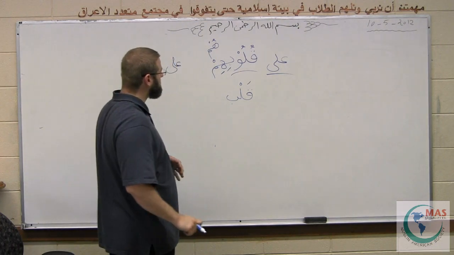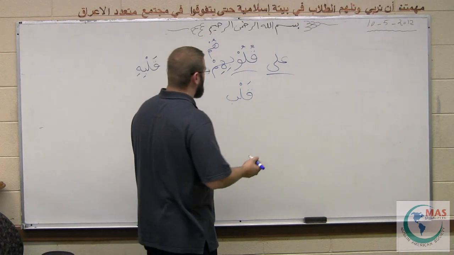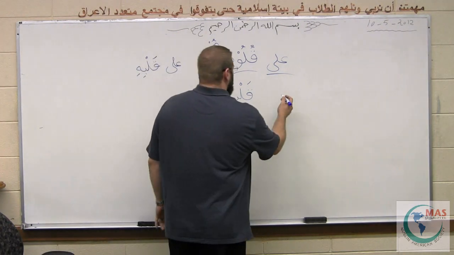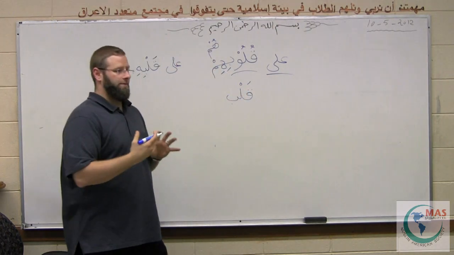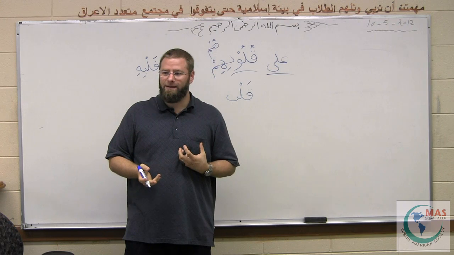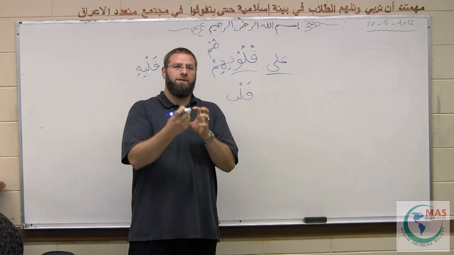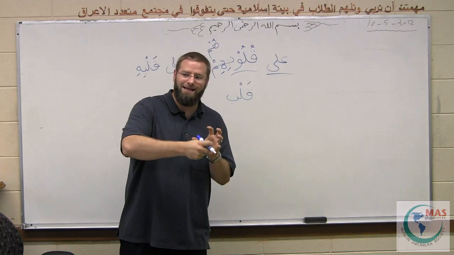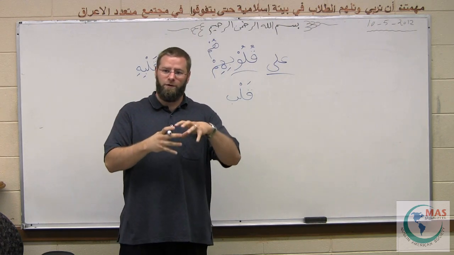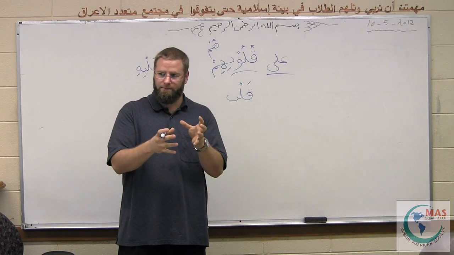What's the difference in using ala versus fi? Fi qulubihim is a whole different thing. Fi is that in there, in. So fi qulubihim marad, in their hearts is a disease, right? It means that inside somewhere, there's a disease that needs to be removed to make the functioning work intrinsically, right?